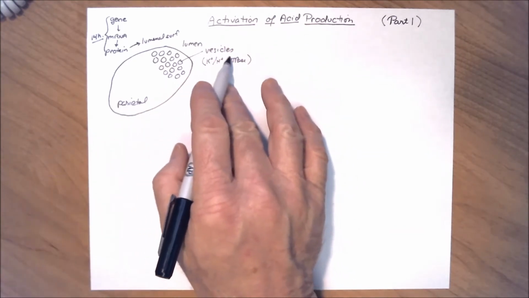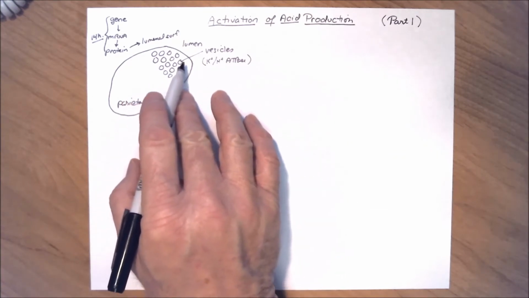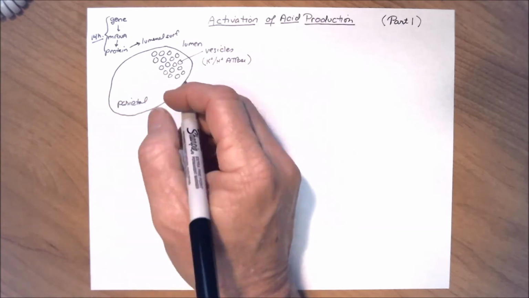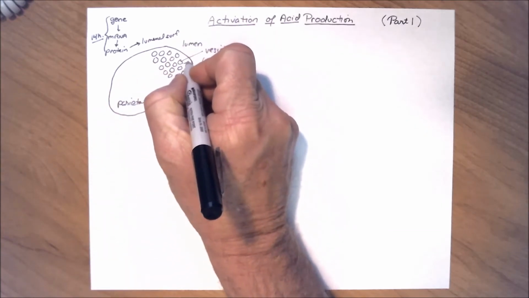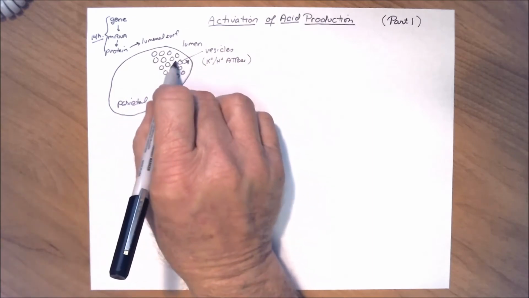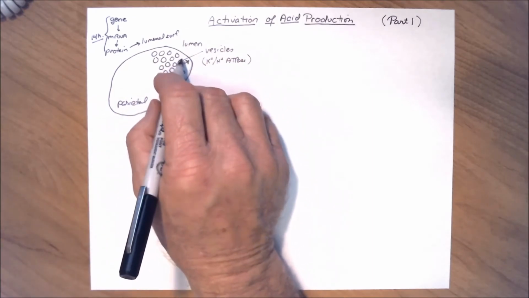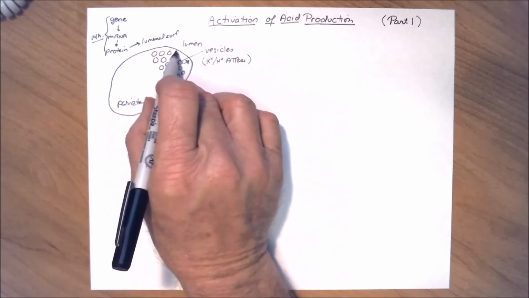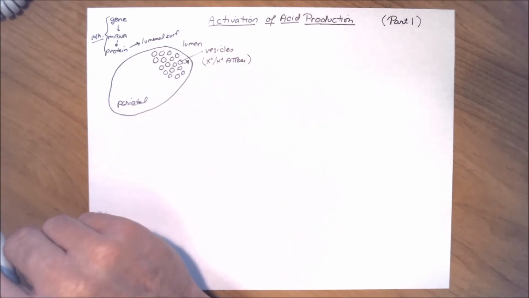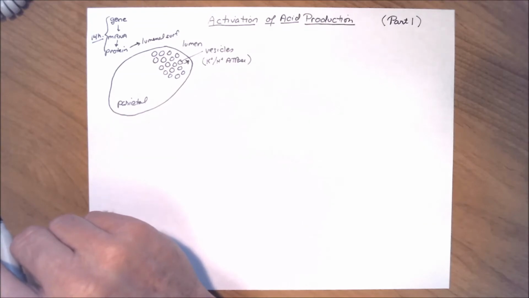So this protein has been pre-made and pre-packaged in these vesicles, so that upon stimulation of the parietal cells, these vesicles move to the plasma membrane on the luminal surface, fuse, and expose this transporter on the surface so it can function and transport protons. So let's look at some of these signals that begin this process.